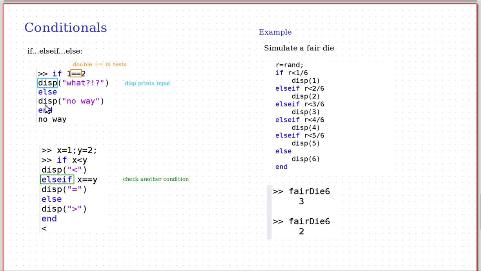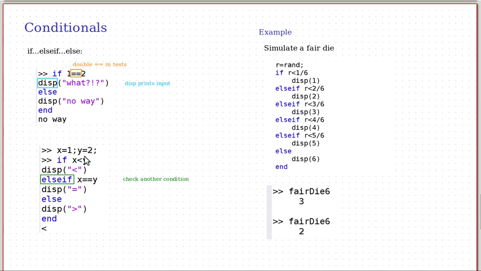So images. So if this condition was not true, which it's not, then it should print no way. So if you type this in and execute it, it does in fact print no way, as expected.